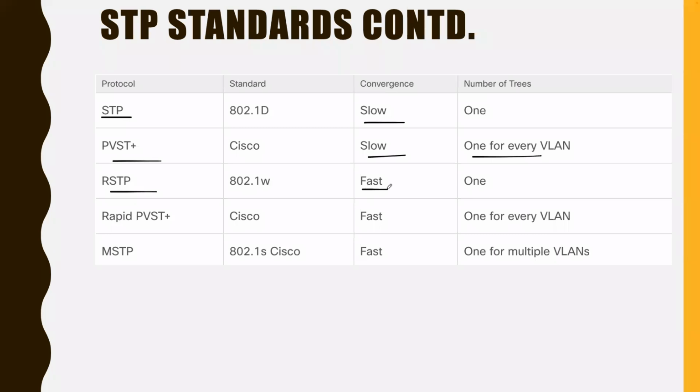That's why we are calling it a fast one. But still, rapid spanning tree is considered a single spanning tree instance for all the VLANs. In rapid PVST plus, we have one spanning tree instance for each VLAN. And in multiple spanning tree, we can run a single spanning tree instance for multiple VLANs, and they can be clubbed.